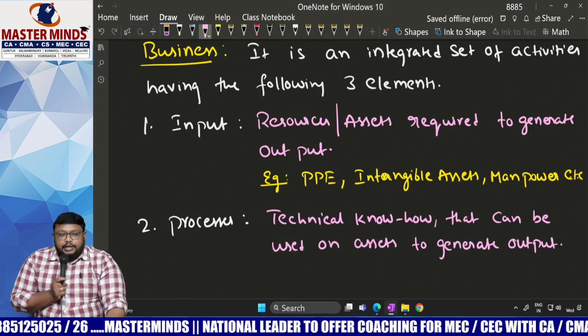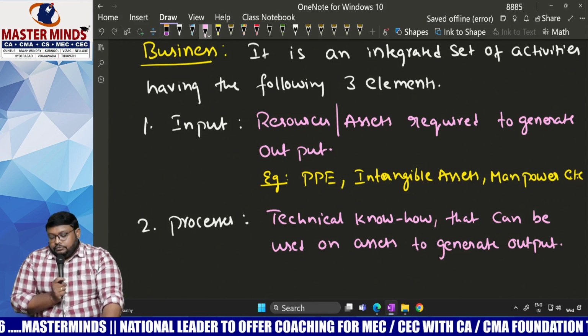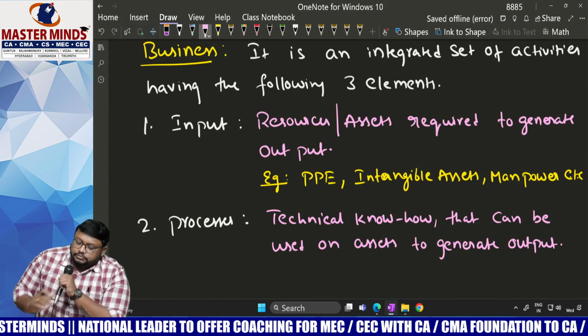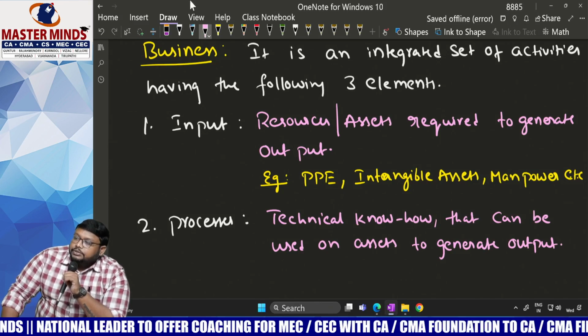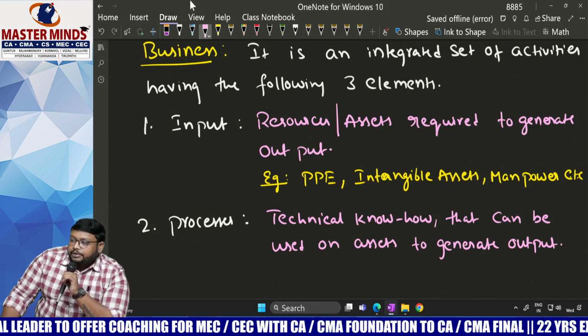Technical know-how that can be used on the assets to generate output. For example, how to use the machinery to produce the goods, and those goods we sell in the market to realize the revenue.